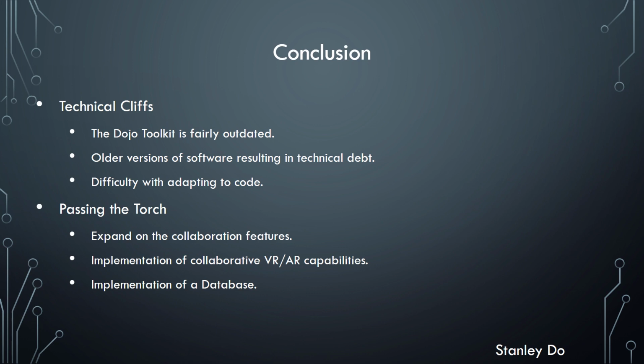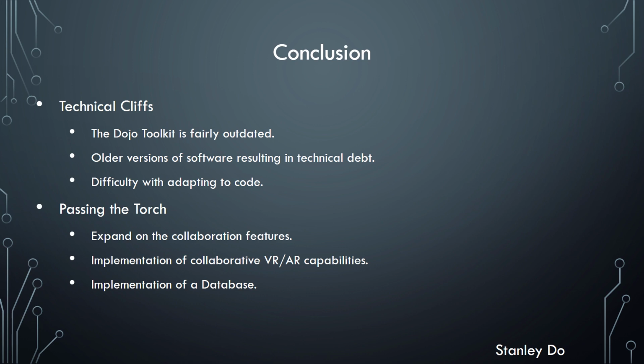Some of the things that future teams can take a look at are expanding on some of the collaborative features, such as allowing hosts to control who can do certain actions in a collaborative session, implementation of collaborative VR/AR capabilities, or the implementation of a detailed and structured database.